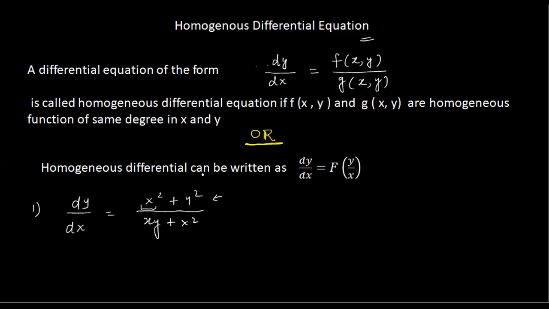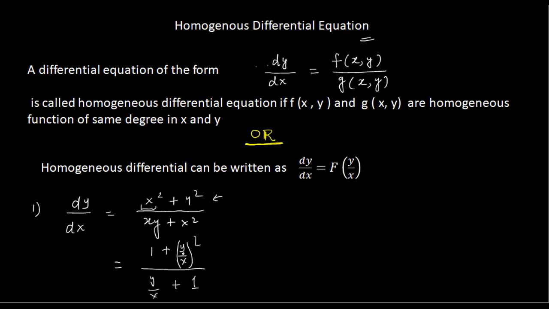And we can rewrite this as f of y over x. How can we do this? Simply divide numerator and denominator by the highest exponent of x, which is the degree of numerator and denominator. So here we divide numerator and denominator by x squared and we get 1 plus (y over x) whole squared over (y over x) plus 1.